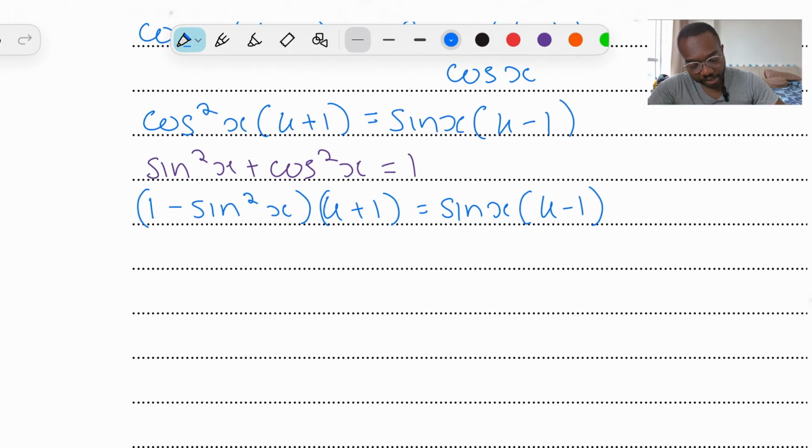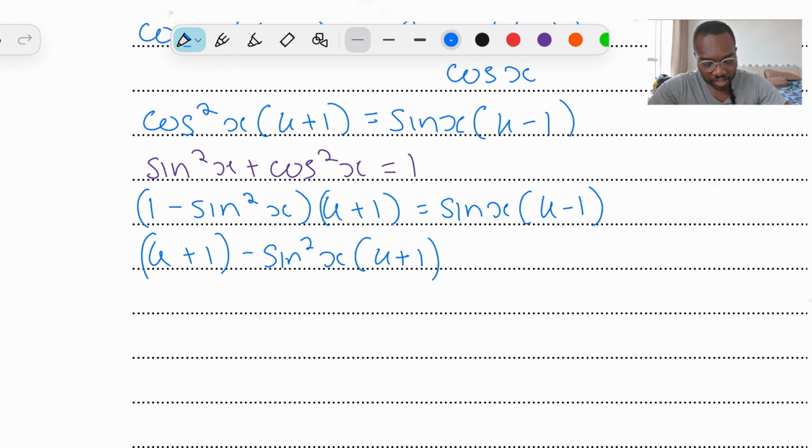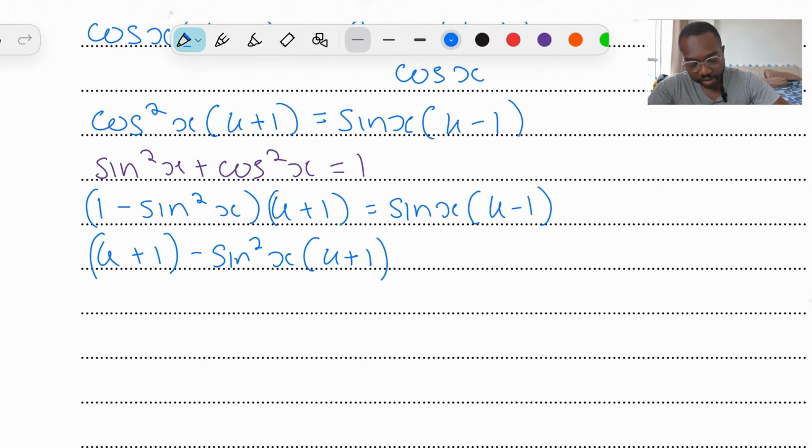And then we'll just expand the brackets out. So what do we get when we expand the brackets out? We get k plus 1, and then that's also minus sine squared x of (k plus 1). So I've just kept everything the same. And then once we've done that, that's equal to sine x (k minus 1).